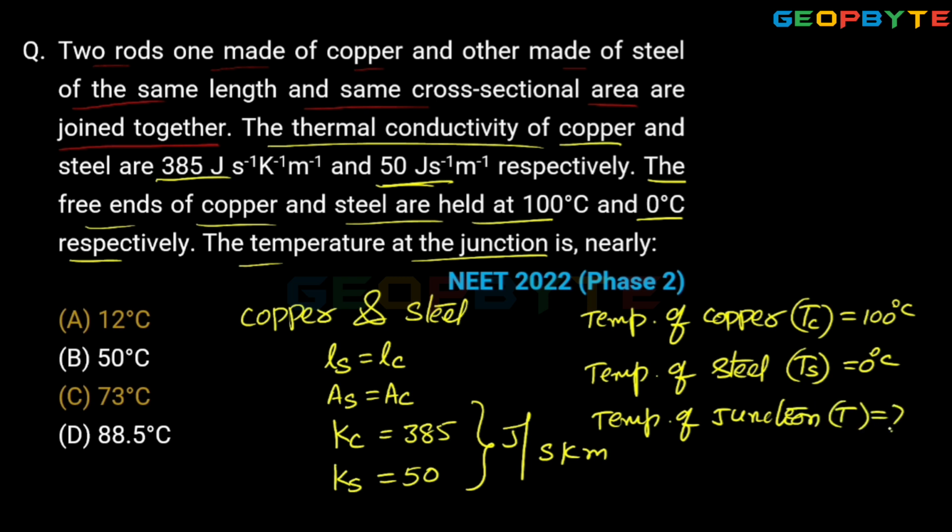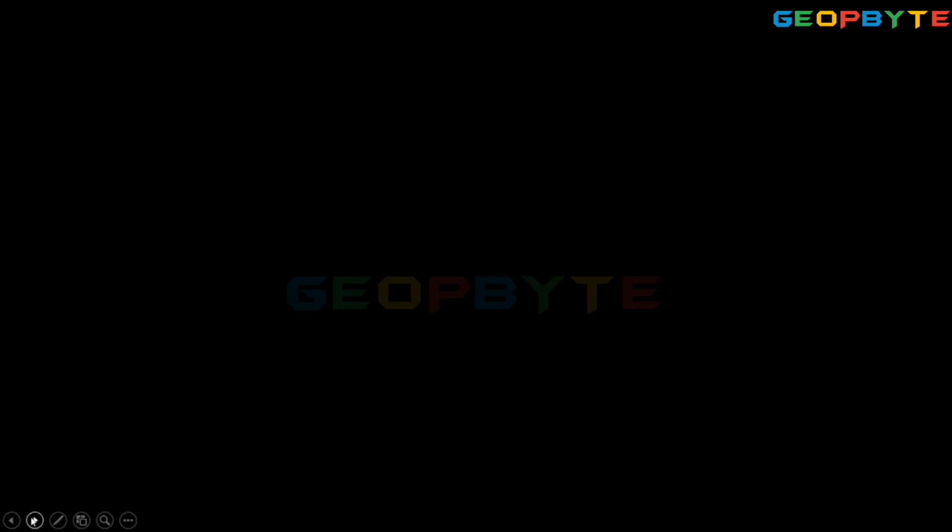That is the question. Once you join the copper and steel at different temperatures, the high temperature copper rod is losing the heat energy. Heat lost by the copper rod equals heat gained by the steel rod. Finally, both are coming to thermal equilibrium at temperature T. For that we are deciding the T value from the basic formula of heat transfer.